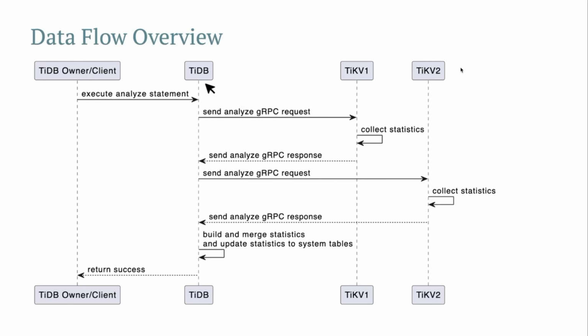Next, TiDB sends an analyze gRPC request to TiKV, and TiKV collects those statistics and sends them back to TiDB. Finally, TiDB takes all the statistics from TiKV, builds and merges them, builds the TopN data structure and the histogram data structure, and updates those statistics to the system table.